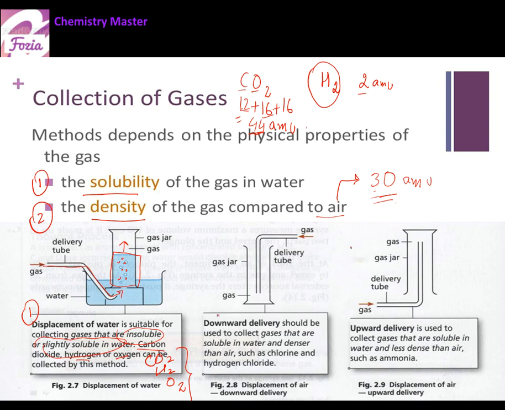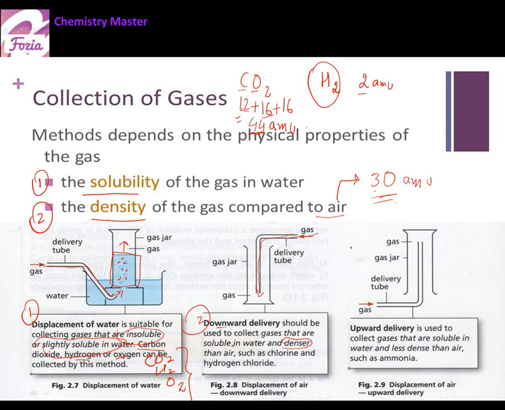The next method is downward delivery. So the gas is coming through this delivery tube and coming down. That's why it's called downward. So what is the suitable gas which can be collected through this method? The gas should not be soluble in water. That's why we are collecting it without any water medium, and it should be denser.